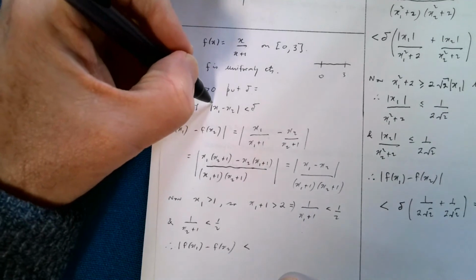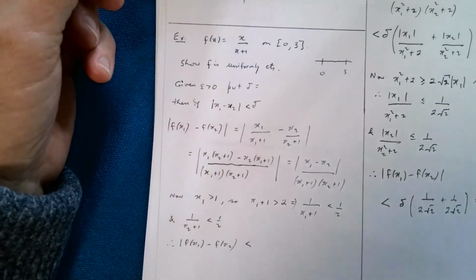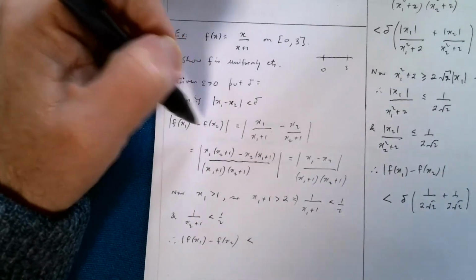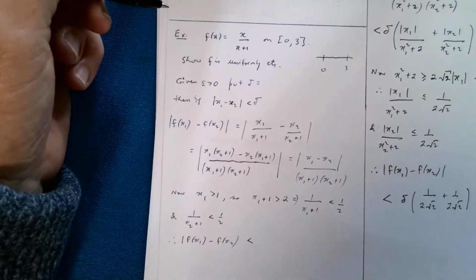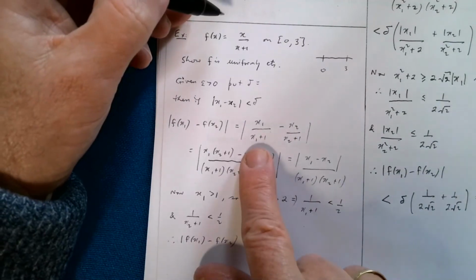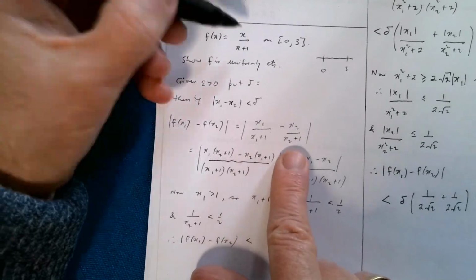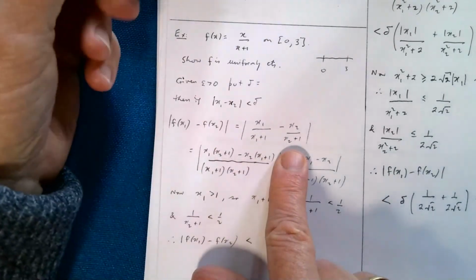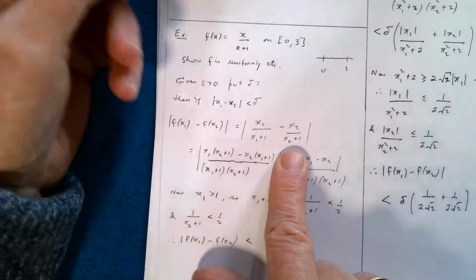Then if I take two points, x1 and x2, that are within delta of each other, and I look at the difference, f of x1 minus f of x2. So f of x1 is x1 on x1 plus 1. f of x2 is x2 on x2 plus 1. And clearly I'm going to have to put these over a common denominator.